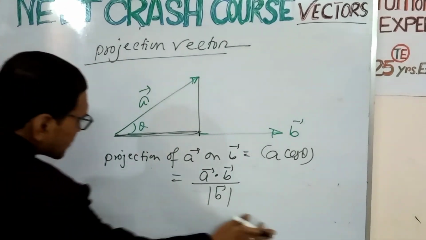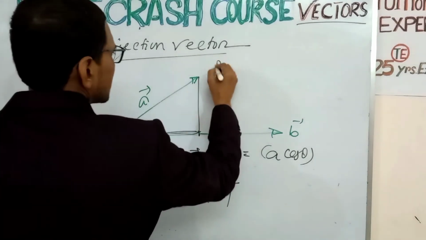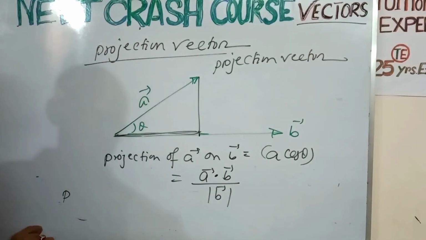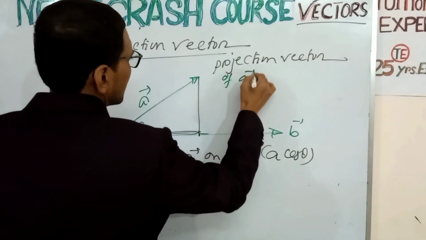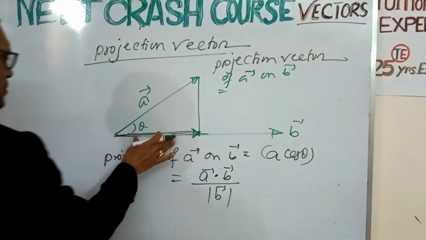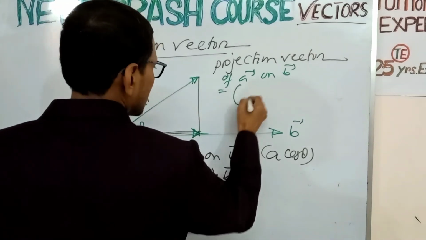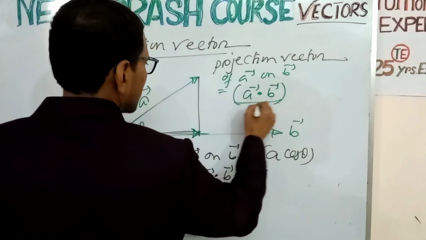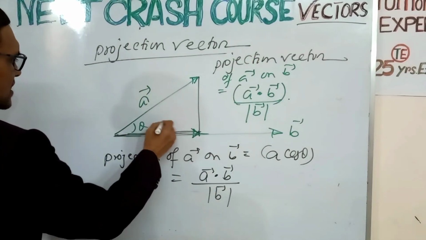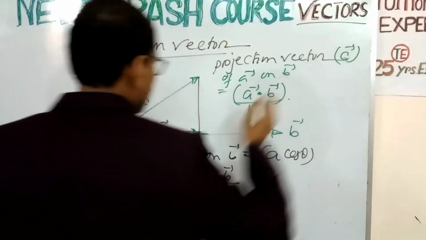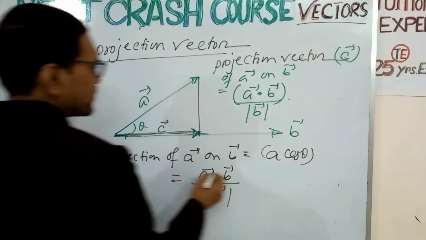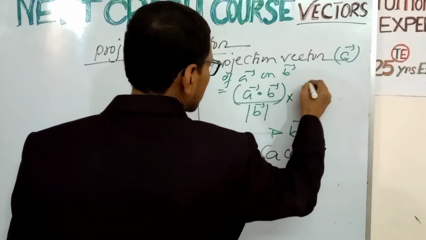Now what is the projection vector? The projection vector of a on b is actually this vector. We know a vector equals magnitude into unit vector. This vector is along the direction of b, so we have to take the unit vector along b, which is the vector by its magnitude.